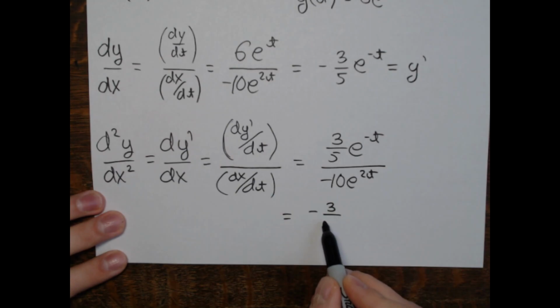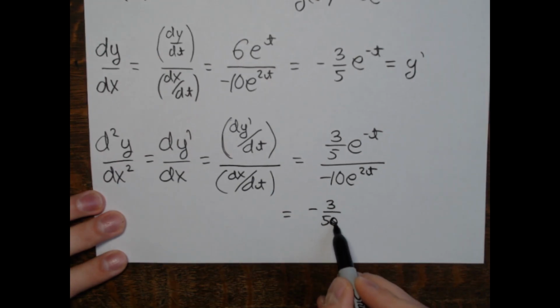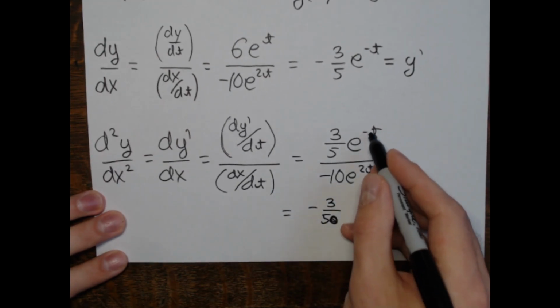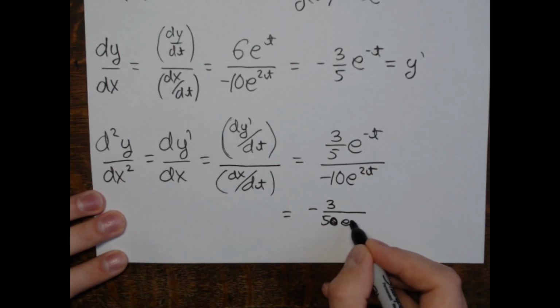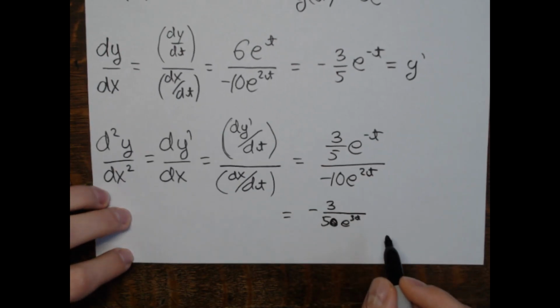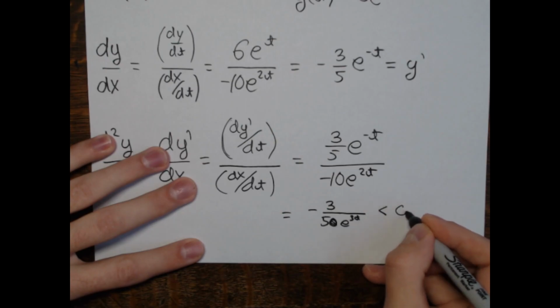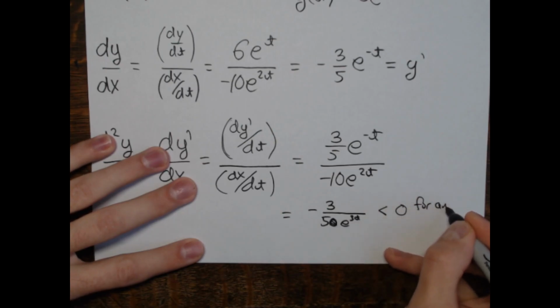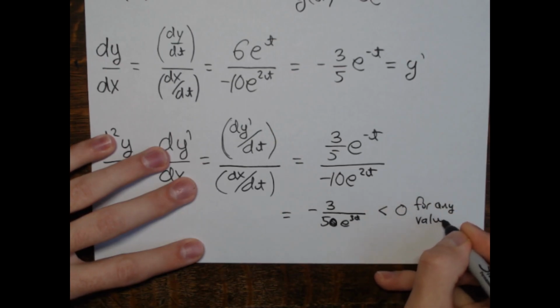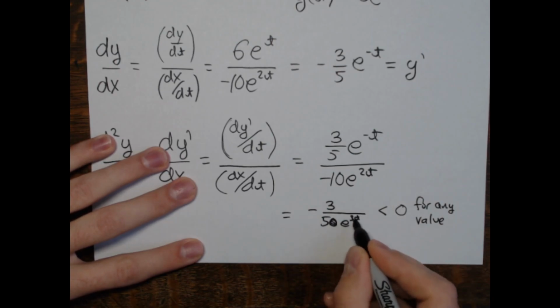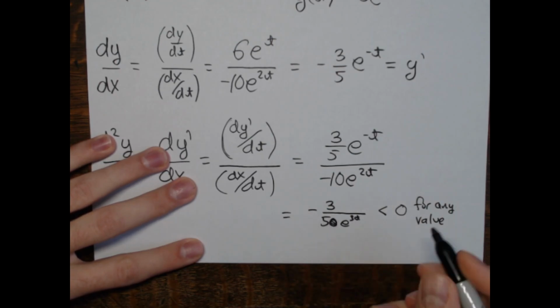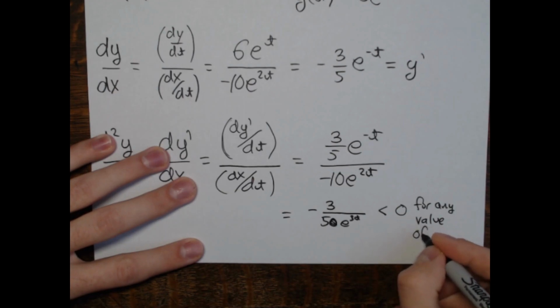All right, put the 10 with the 5 here. Negative 3/50 times e to the negative 3t, which would be over e to the 3t. This is negative for any value of t, right? Because exponentials, remember, e to the 3t is always positive, but then you're times negative 3/50 here.